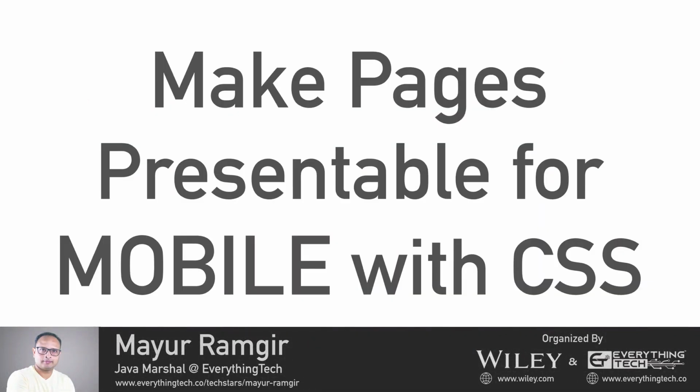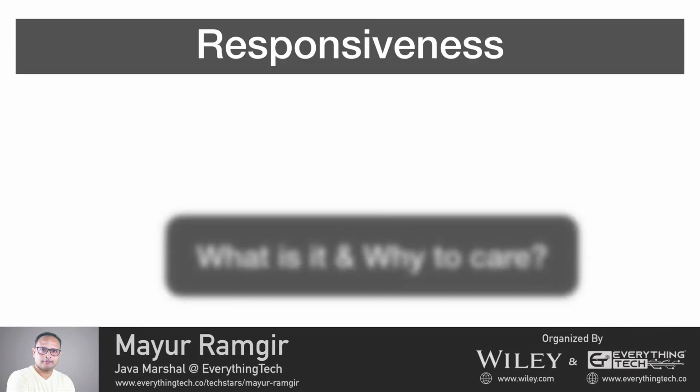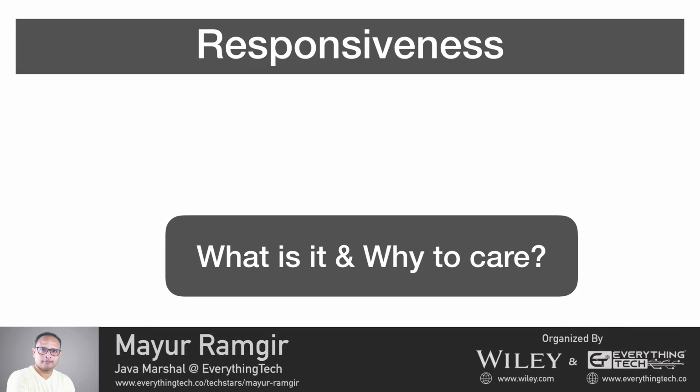Make pages presentable for mobile with CSS. Responsiveness. What is it and why to care? Responsiveness is to make sure the page automatically adjusts and adapts to any device screen size. The content looks good by rendering it properly as per the screen.